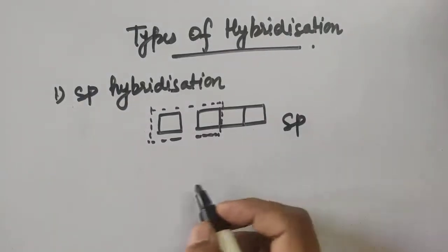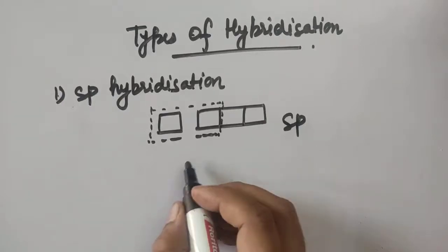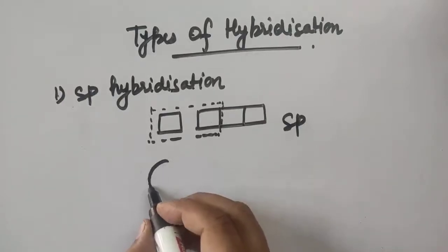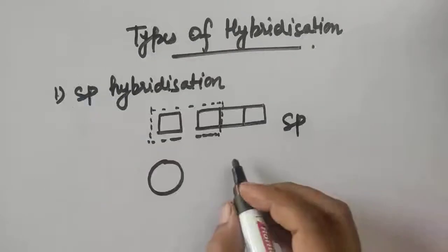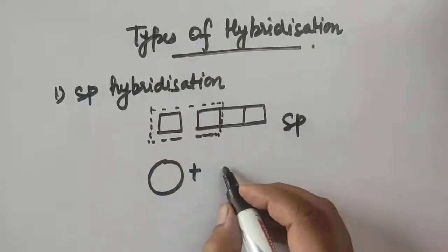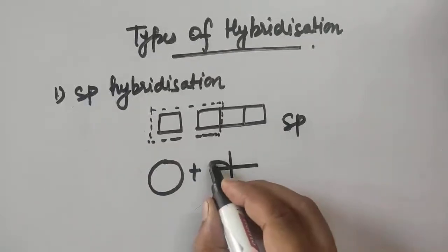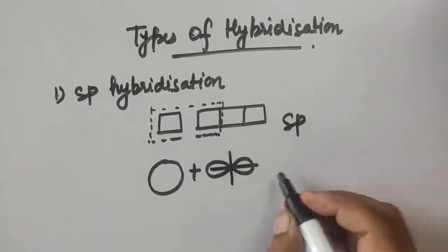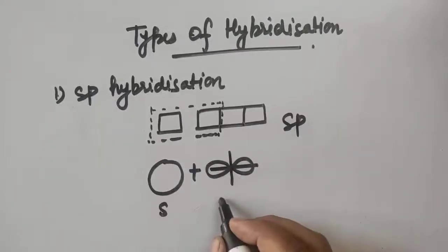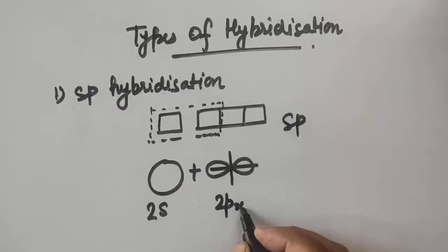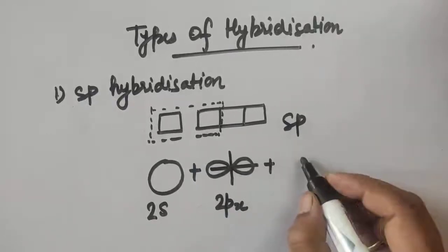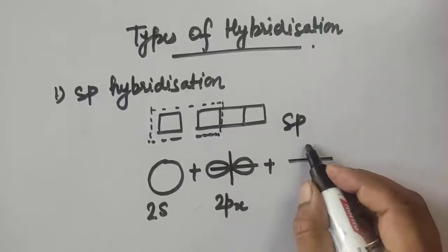In terms of an orbital diagram, you can show it like this. This is s, suppose it is 2s, this is 2px. There are other orbitals also.